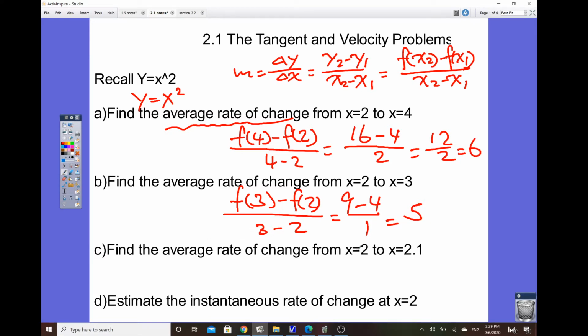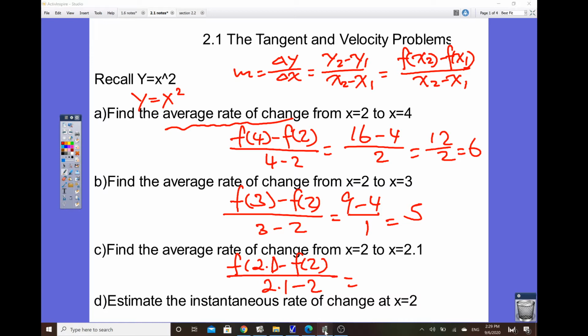And now this one is getting very close to 2, so from 2 to 2.1. So f of 2.1 minus f of 2 over 2.1 minus 2. And f of 2.1, I'm not quite sure what that is.